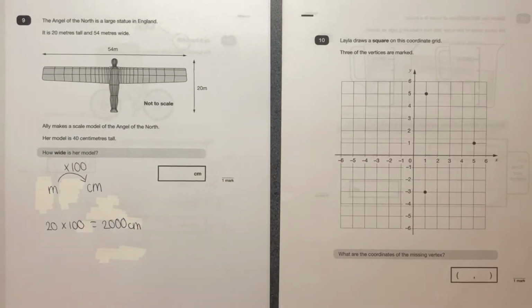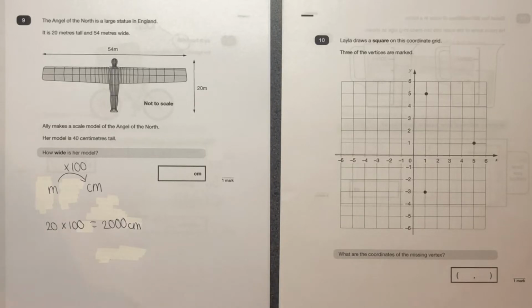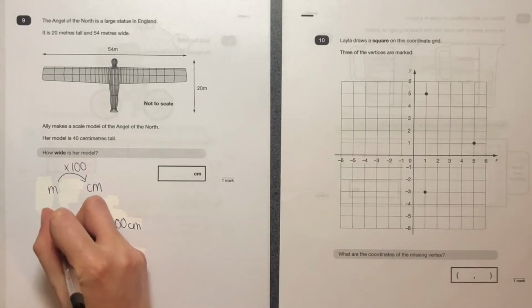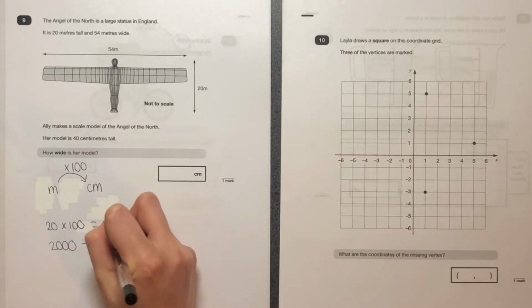Now we need to work out what number Ali divided 2,000 by to get to 40. We're going to do 2,000 divided by 40.